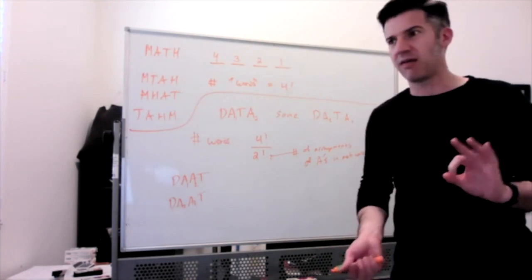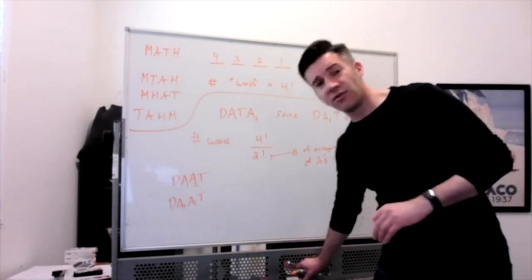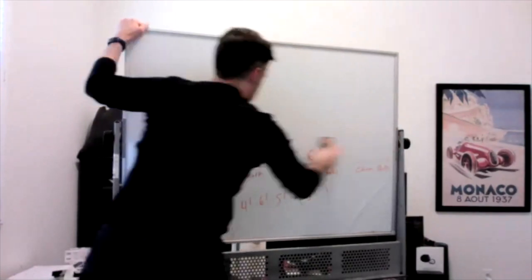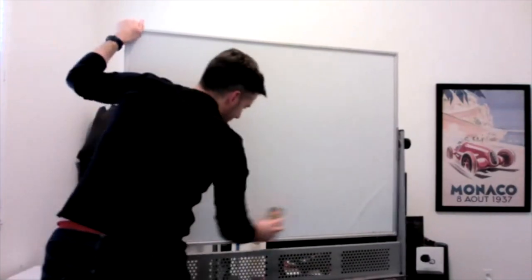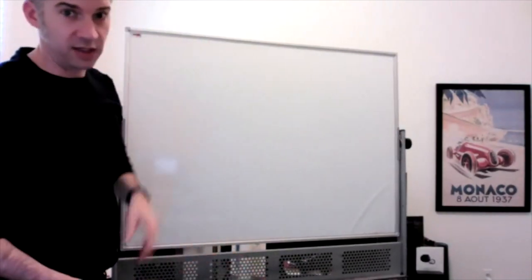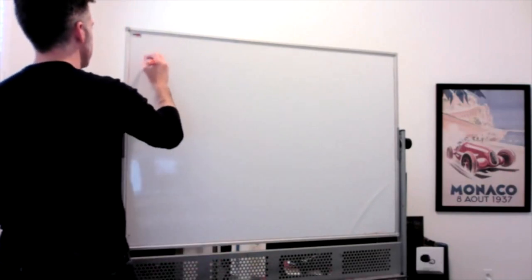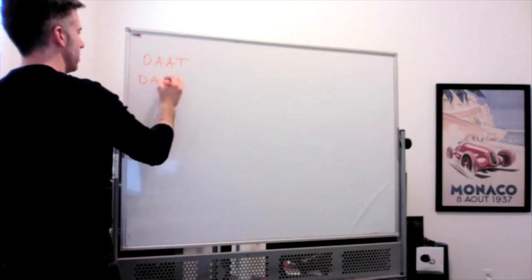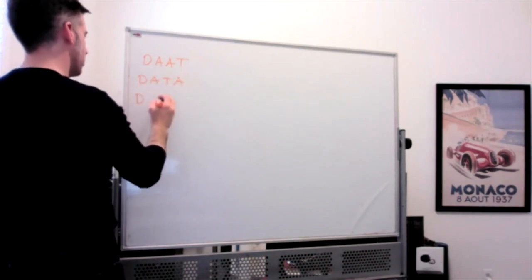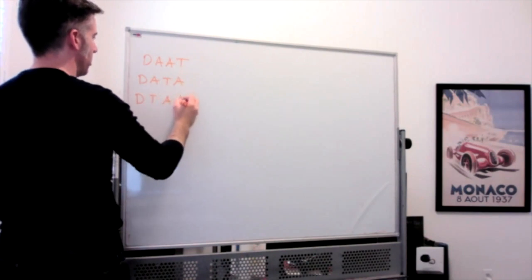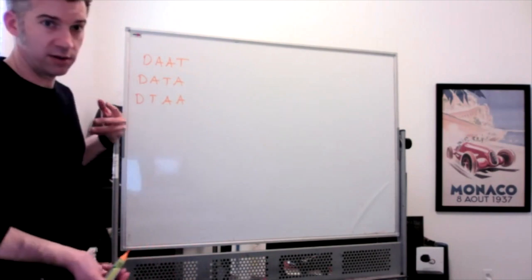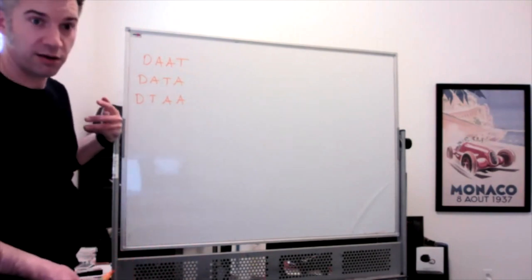Even though I don't want to do it, it might be useful to actually write them all out, in case anyone's really unclear on this. So here are the 12 distinct words. You have D, A, T, D, A, T, A, D, T, A. Those are all the distinct words with D in front, I think.